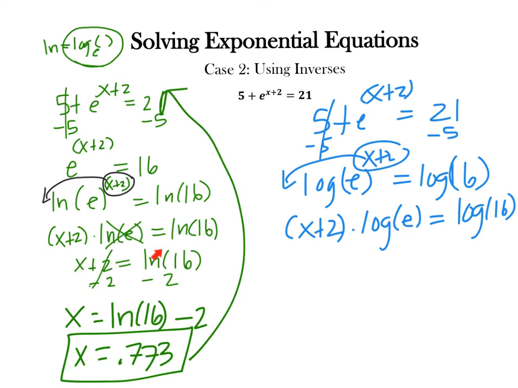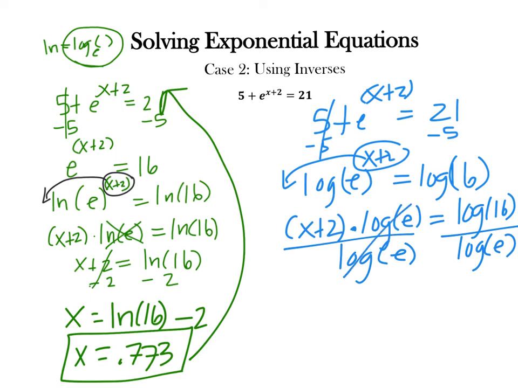So the difference between this method and natural log, because we use the e, and this one that is not an inverse, is you would just have to divide both sides. So since we're multiplying, we divide both sides by log of e. e is just a constant. It's a number, kind of like pi, 3.14, right? e is 2.71 and so on. It's another constant like pi.